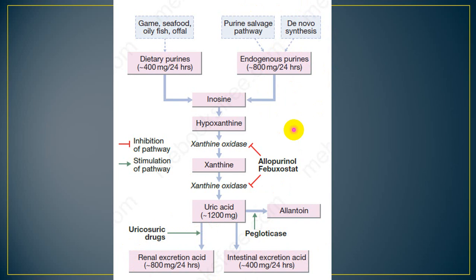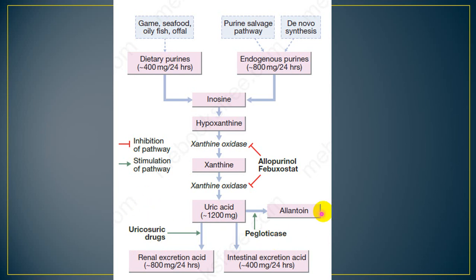Number two, treatments available nowadays to treat uric acid are directed against this pathway. So to decrease uric acid level, we can inhibit the enzyme xanthine oxidase. So there is a group of drugs called xanthine oxidase inhibitors, with the prototype allopurinol or febuxostat. Or we can increase the excretion of uric acid via the kidney by uricosuric agents.